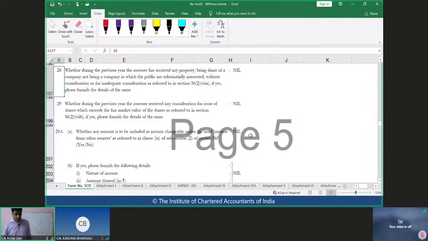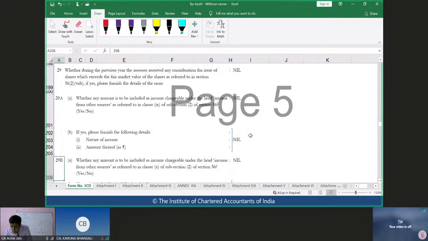Okay. Then we move on to the next point, and that is clause number 29. Whether any amount is to be included as income chargeable under the head income from other sources as referred to in section 56(1).